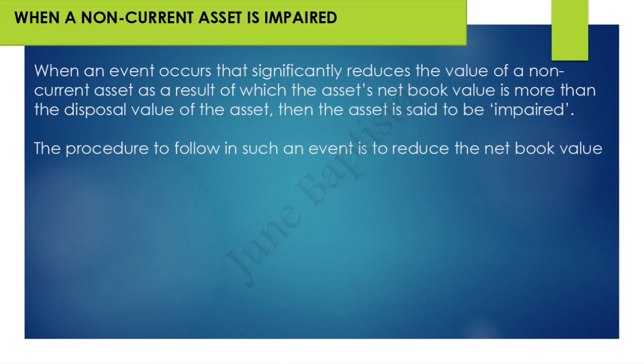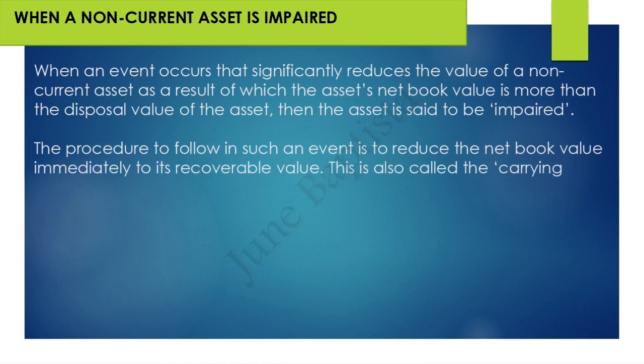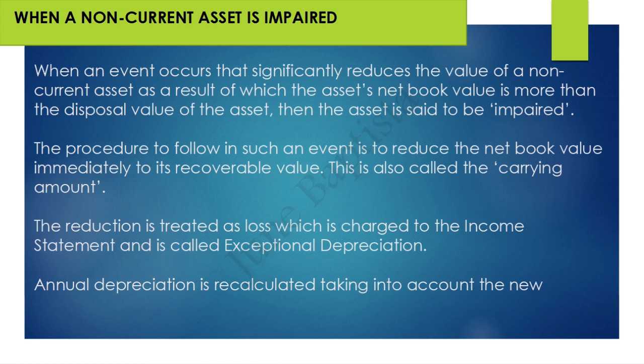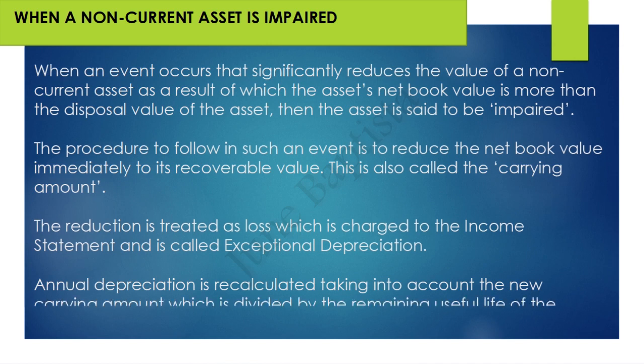The procedure to follow in such an event is to reduce the net book value immediately to its recoverable value, also known as the carrying amount. The reduction is treated as a loss, which is then charged to the income statement as exceptional depreciation. Annual depreciation is then recalculated, taking into account the new carrying amount, which is divided by the remaining useful life of the impaired asset.